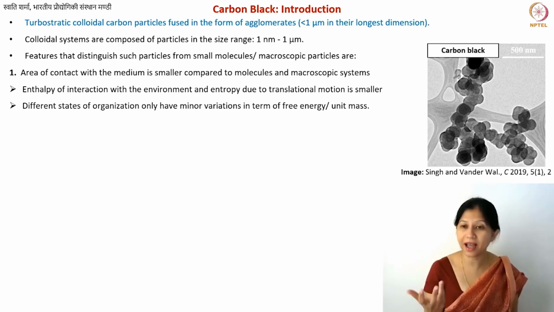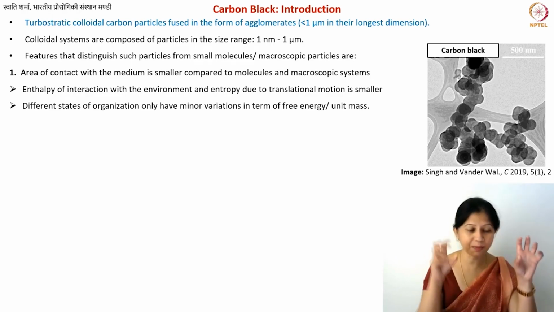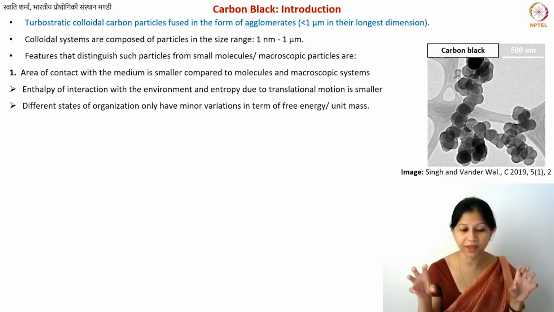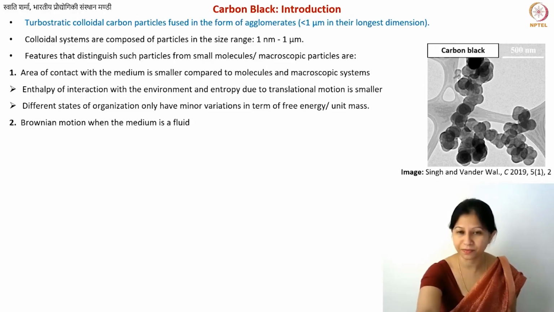The bunch of grapes can have slightly different shapes, one bunch from another, but still the overall energy is the same, and that is the reason we consider these individual 1 micrometer scale particles as our individual particles, because they are pretty much of the same surface energy, and they have the same properties, even if there is a small variation in the organization of particles within the system. Okay. So that is one thing that differentiates it from small molecules.